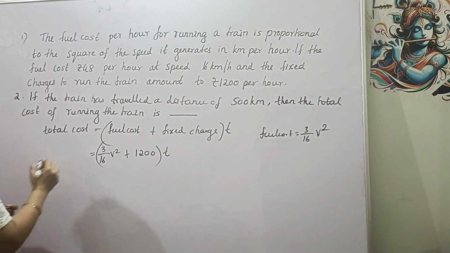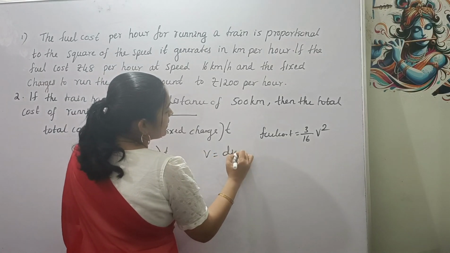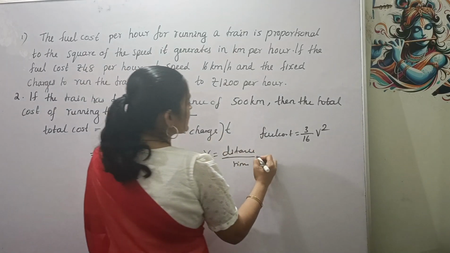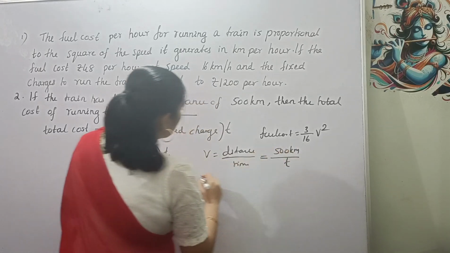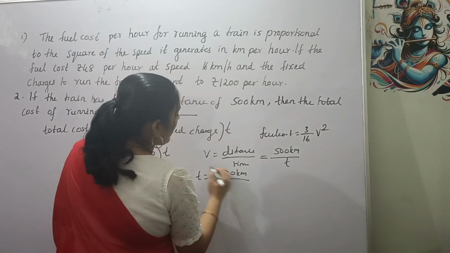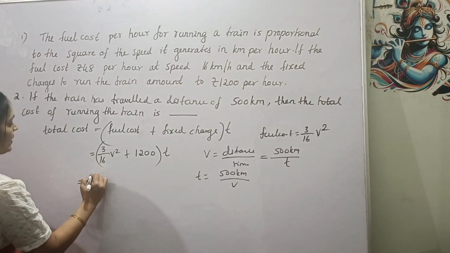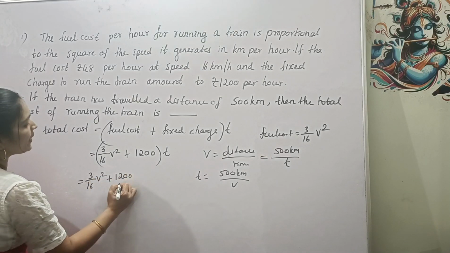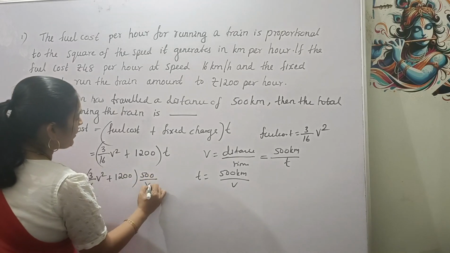Now we have to find the total cost for a distance of 500 km. We know the speed formula: speed is equal to distance divided by time. Here distance is 500 km and time is t, so t is equal to 500 km divided by v. Substituting this here, we get 3 divided by 16 v square plus 1200 into 500 divided by v.